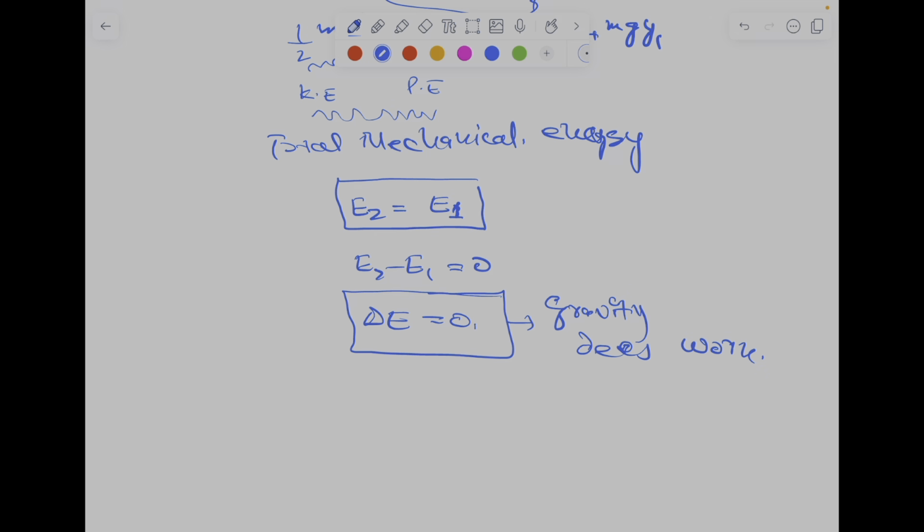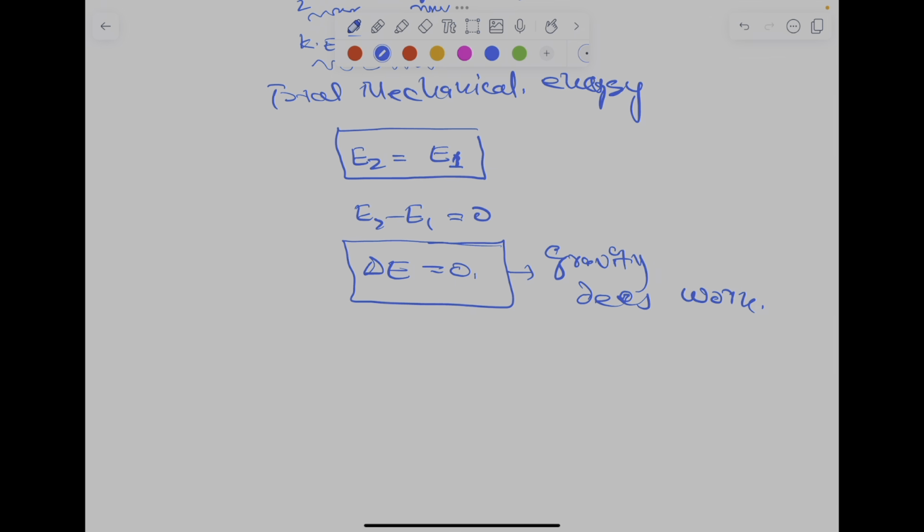If you have forces other than the gravity, your change in energy is the work done by the other forces. It could be frictional forces, it could be any applied forces. So for the gravity, the total energy of the system is conserved.